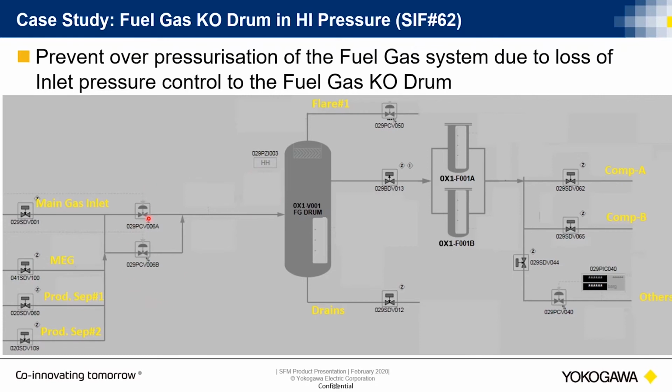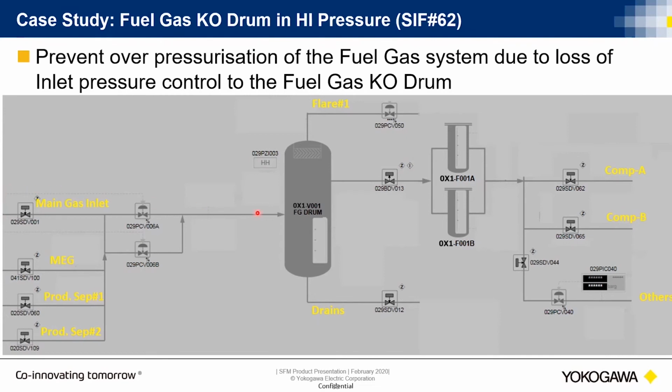So these are the inlet pressure controllers. The main gas inlet is from there. As you see, there are some shutdown valves on it. There's MEG coming in, and some product separators send stuff through to this fuel gas drum as well. The pressure is regulated and controlled by these two valves. I think the pressure signal is about here.